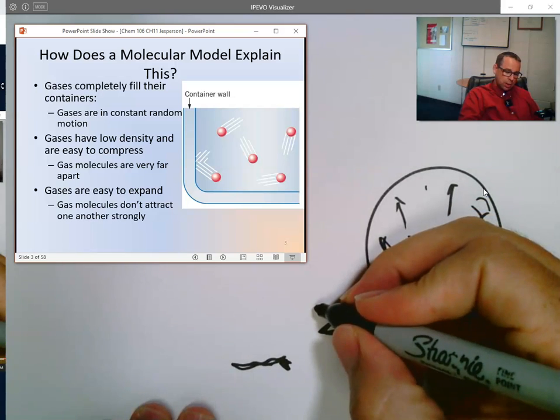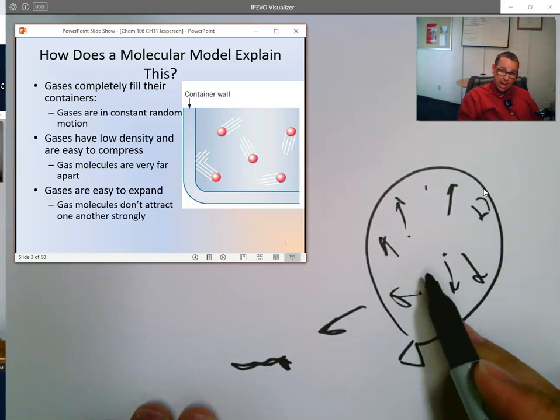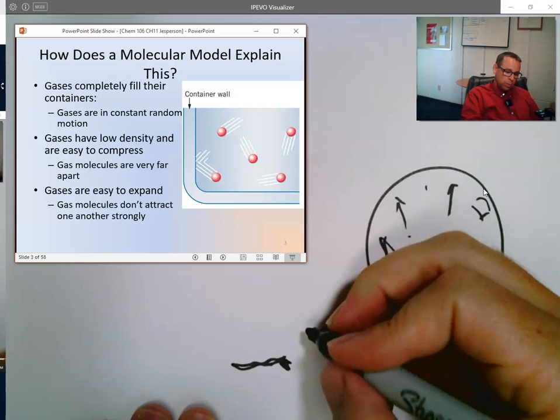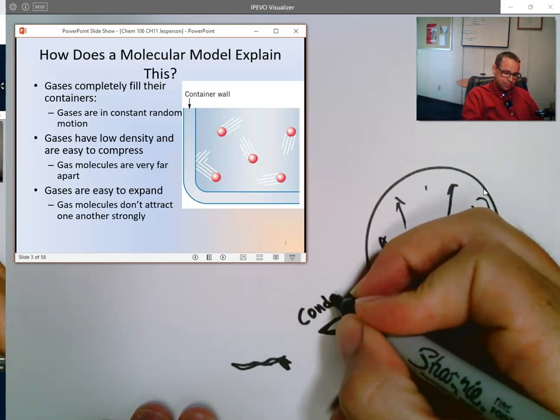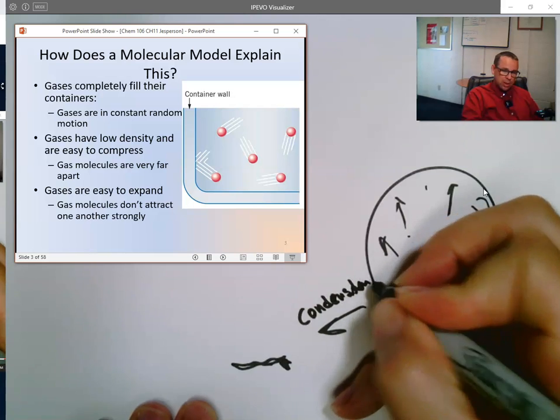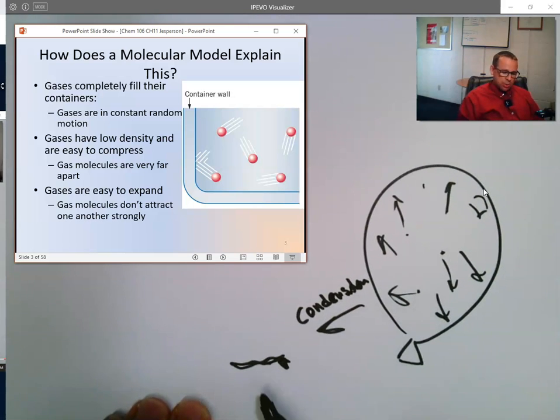We call going from a gas to a liquid condensation. Condensation results in a material with a much smaller volume, and that's another reason why gases are always much less dense than either liquids or solids.